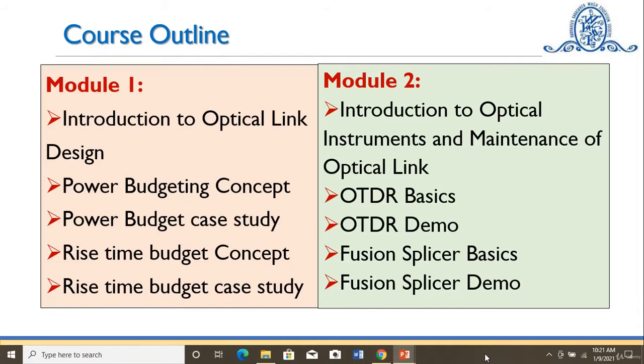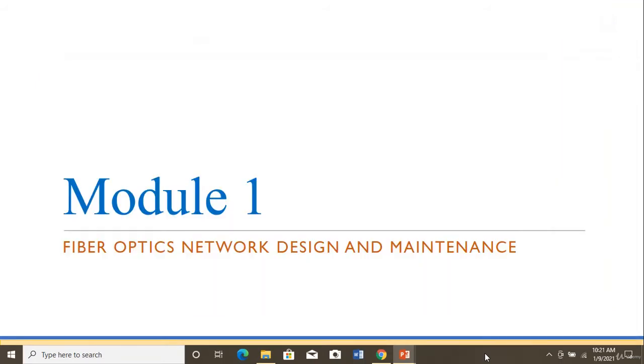We will be focusing on two instruments, the optical time domain reflectometer (OTDR) and the Fusion Splicer. So let us start with module 1 of the course Fiber Optics Network Design and Maintenance.